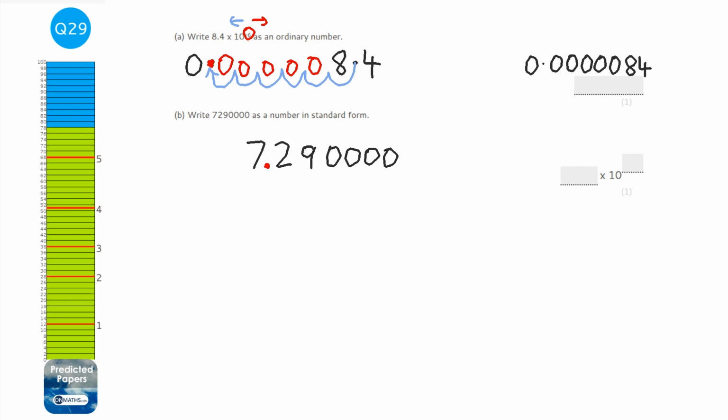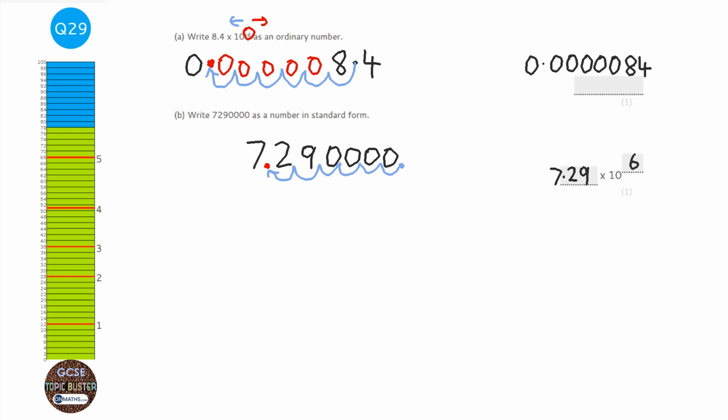The decimal point started at the end of the number, and we had to move it 1, 2, 3, 4, 5, 6. The rule is that the number has to be between 1 and 10, which this one is. If you had a big number, then the power of 10 will be positive. Here we did have a big number, so it's going to be positive 6.